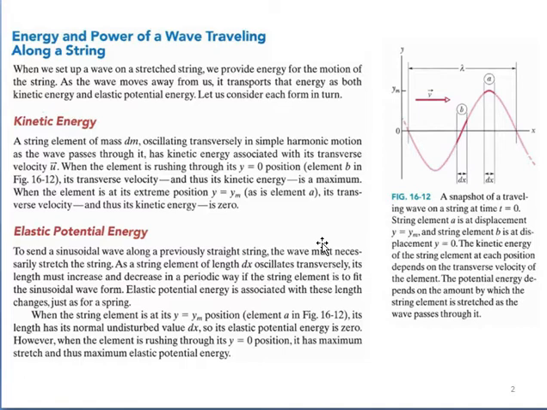For example, the string element at position B is much more stretched as compared to the string element A. So this element would have more elastic potential energy than this element.